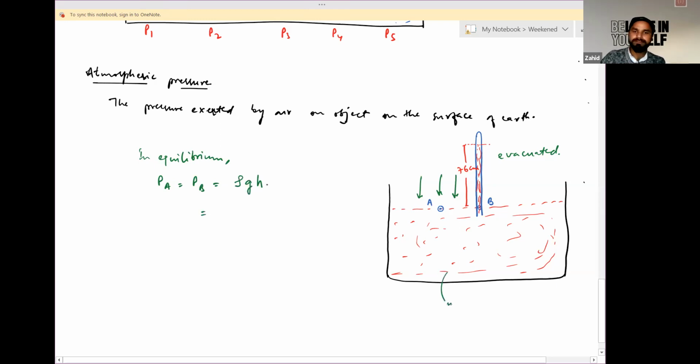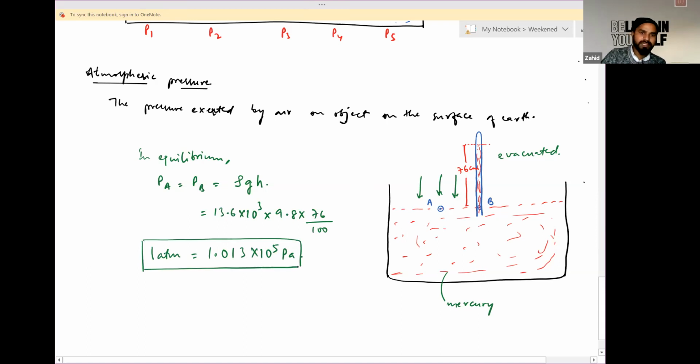Since this is mercury, whose density is 13.6 into 10 to the power 3, gravity is 9.8, and column of liquid raised is 76 centimeter, so divided by 100. On simplifying it, you will get 1.013 into 10 to the power 5 Pascal. And this pressure is due to the air above this particular point A, which is also called atmospheric pressure. So it will be just 1 atm.